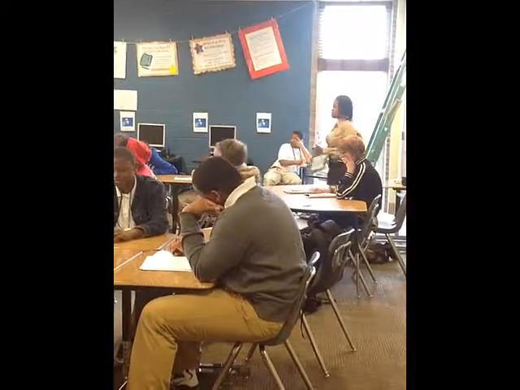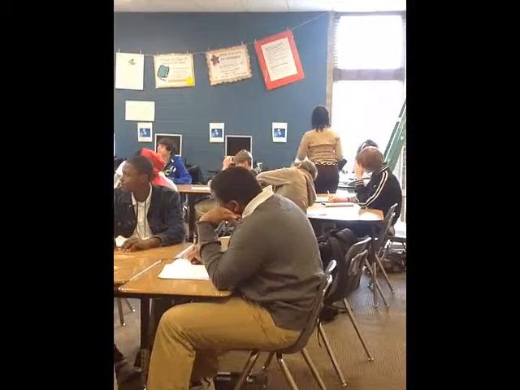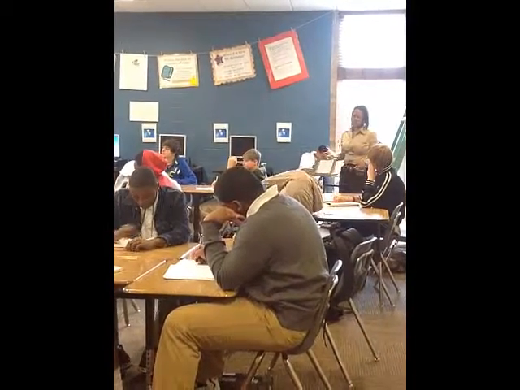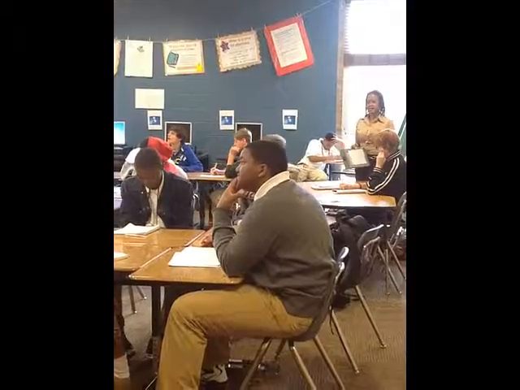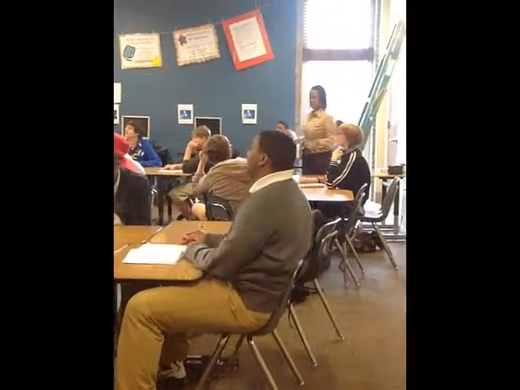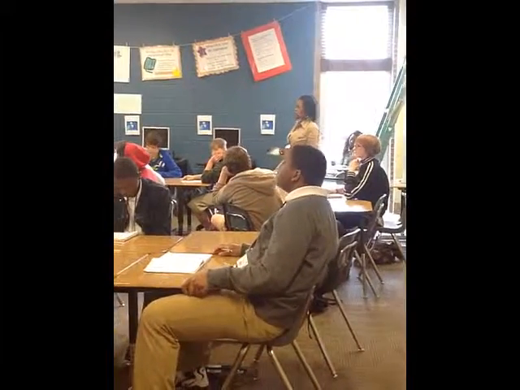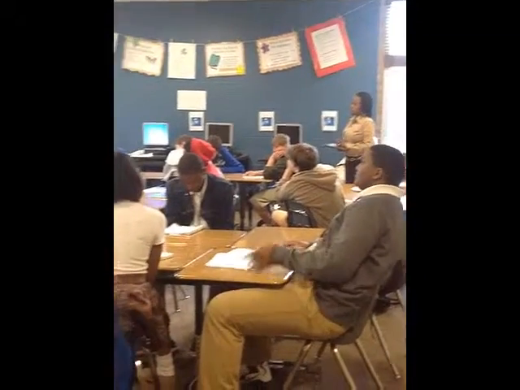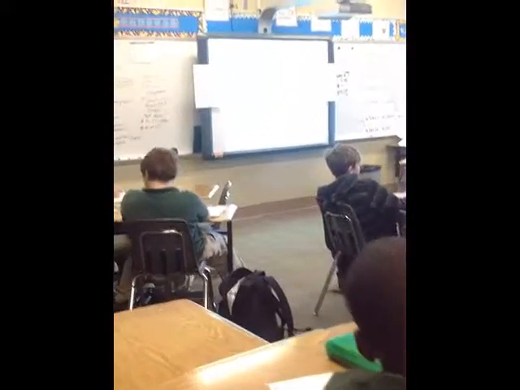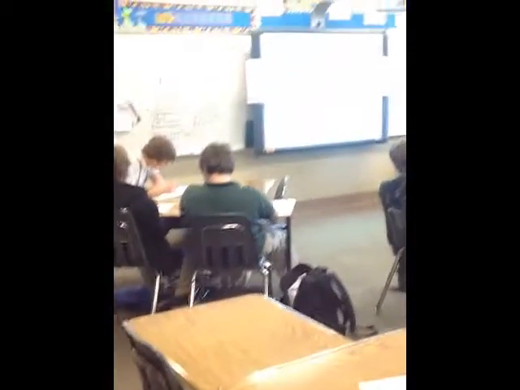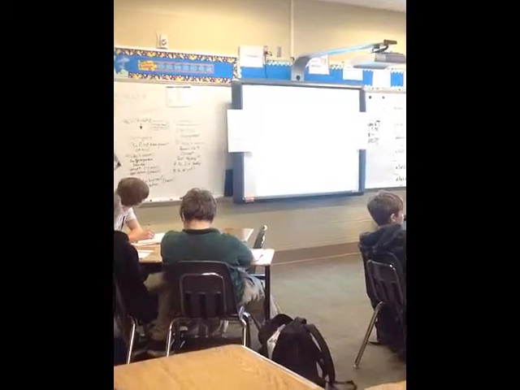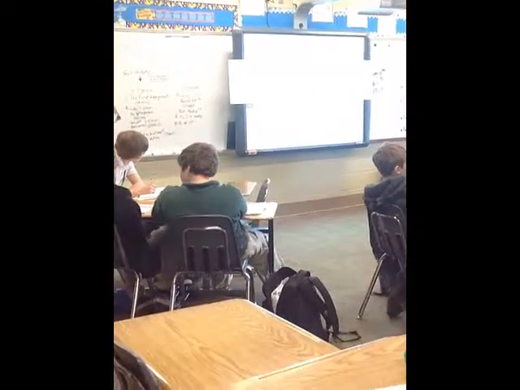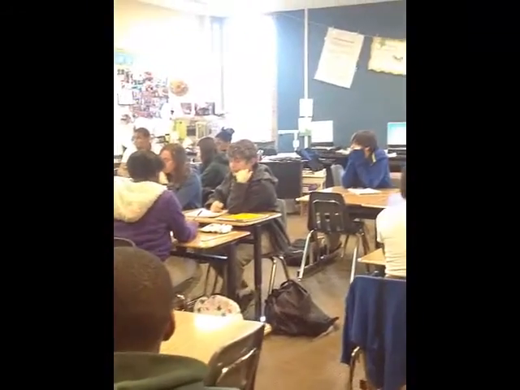Now we're going to go back to what we did last week with the squares and square roots and the perfect squares. 9 squared does not mean 9 times 2. 81. Plus 16. 97.